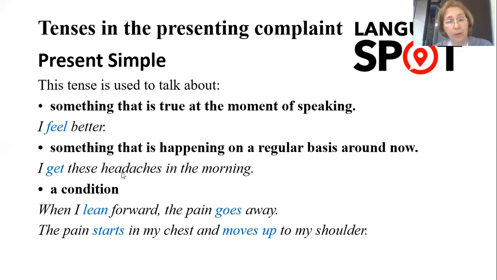It means every morning, on a regular basis. They repeat every morning. And a condition like here, when I lean forward, the pain goes away. The pain starts in my chest and moves up to my shoulder. This is also a condition that a patient can describe.